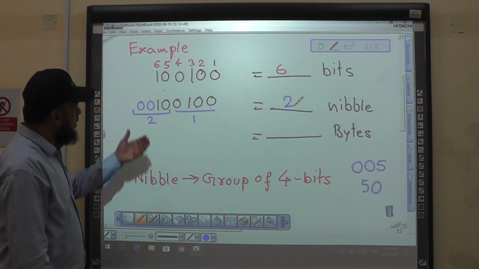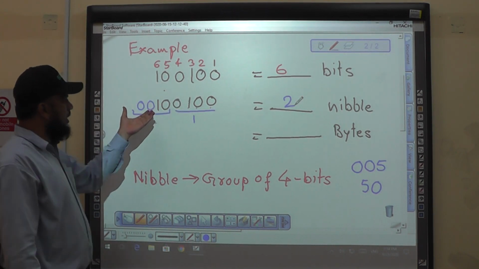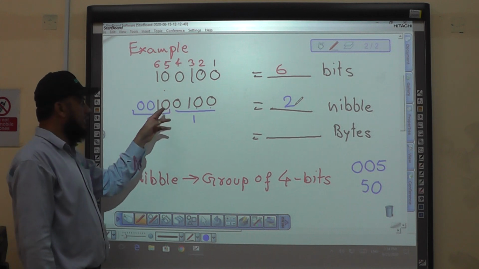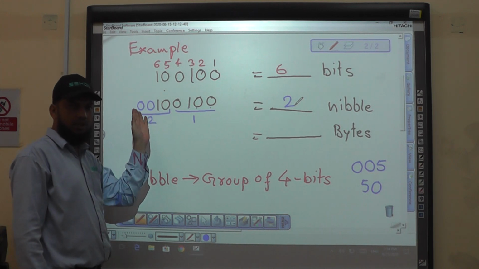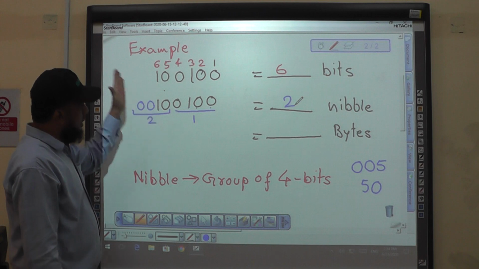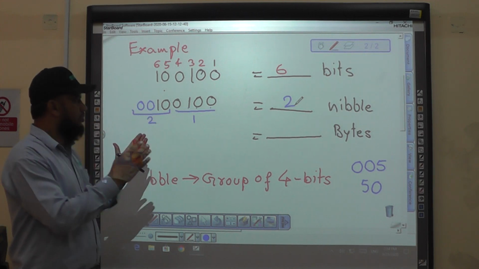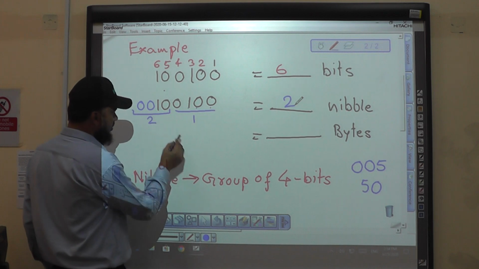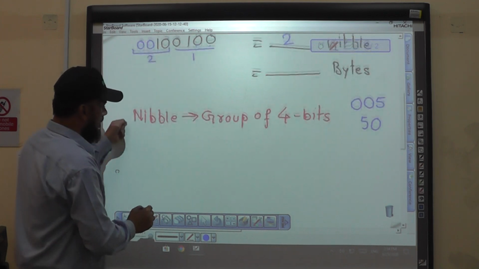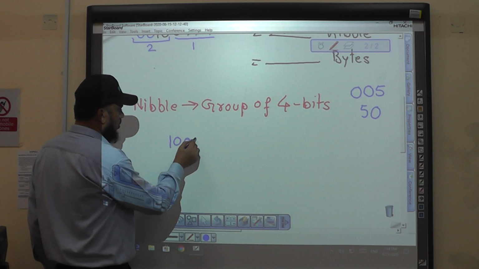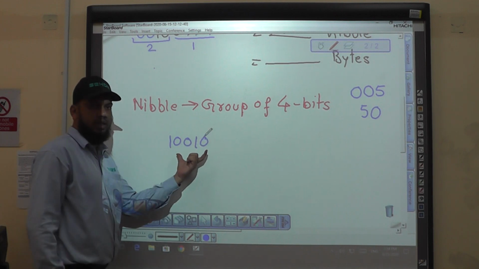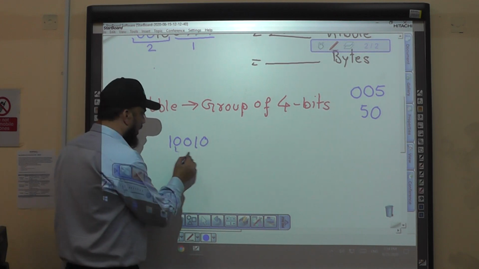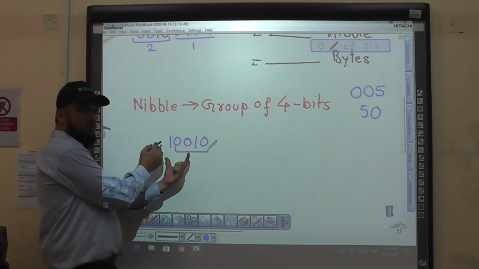Now what if only 1 bit, or only 2 or 3 bits remain? You have to complete the group of 4. For example, the number is 10010. We have a group of 4 here and only 1 number remaining.